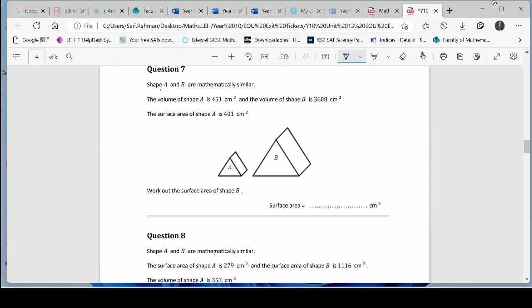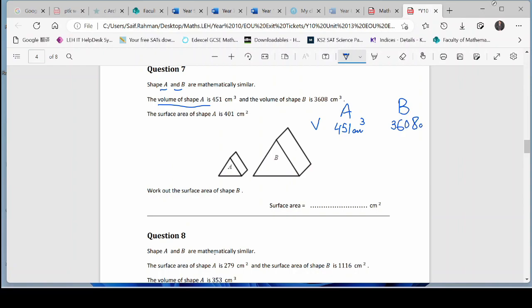Here in this one, A and B are mathematically similar. We have been given the volume of A. Volume of A is 451 centimeter cube, and the volume of B is 3608.